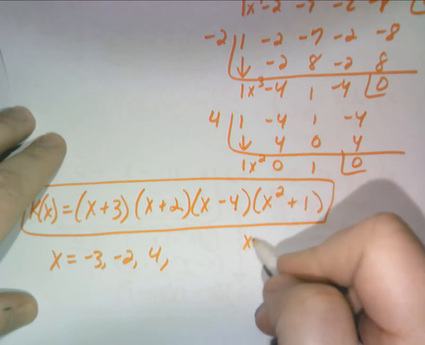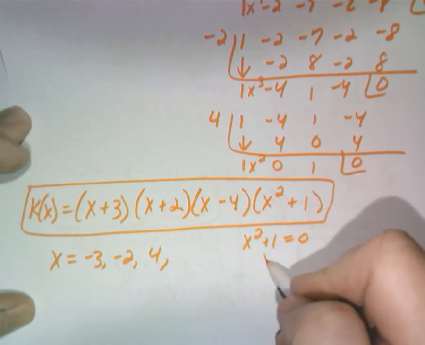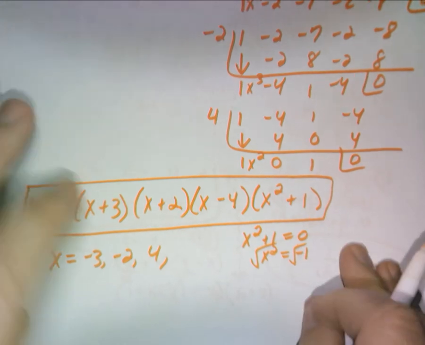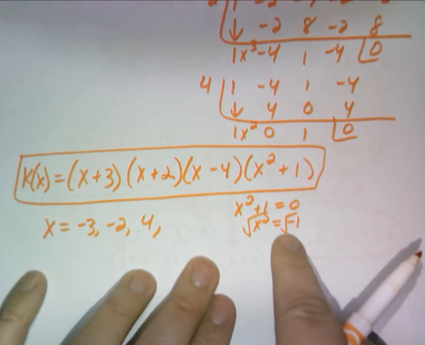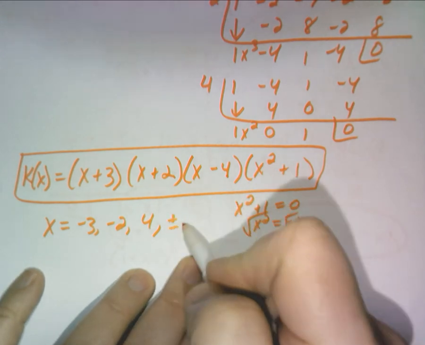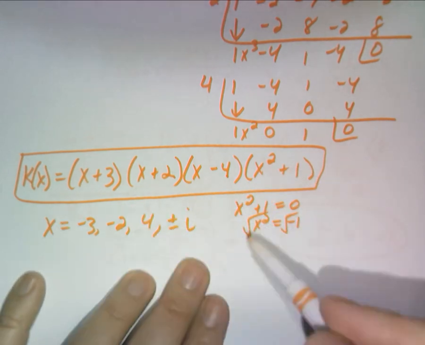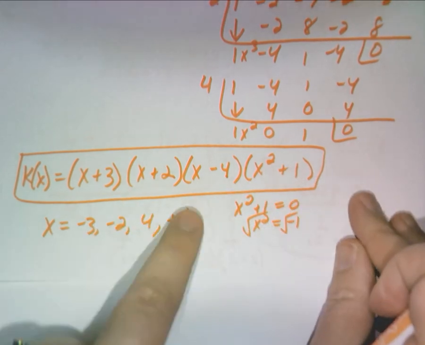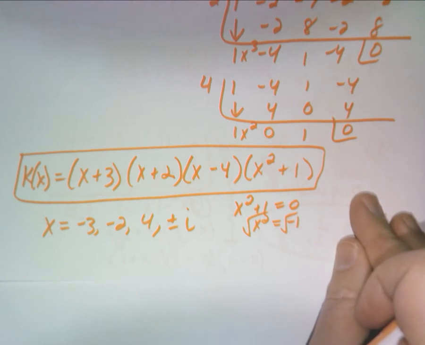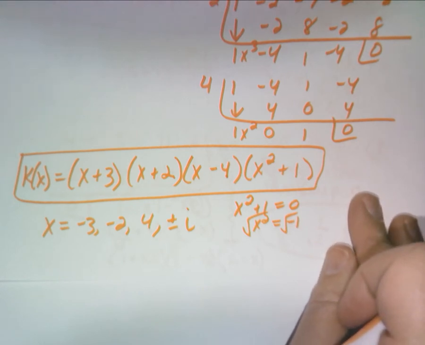X squared plus 1 equals 0 means that x squared equals -1. Take a square root. Plus or minus i. There's your 5 roots. 1, 2, 3, 4, 5. Those are all your roots, all the possible ones. You could do this for anything if you can find a 0. This is huge news when we find out about the rational root theorem.